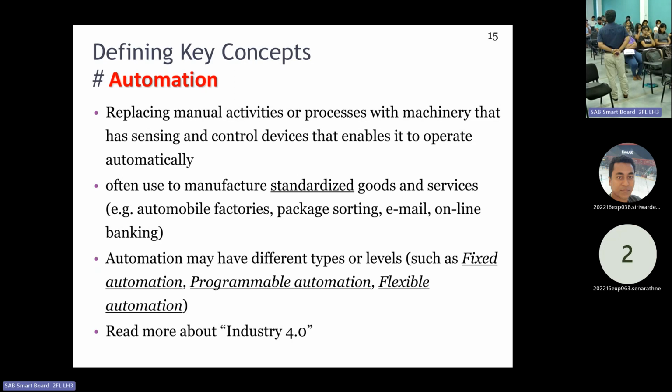The invention of the assembly line was the second wave, Industry 2.0. Then, with the technological revolution like digitalization, that is considered the third wave. And now we are in the fourth wave of the industrial revolution: digitalization plus sensing devices, self-managed processes.